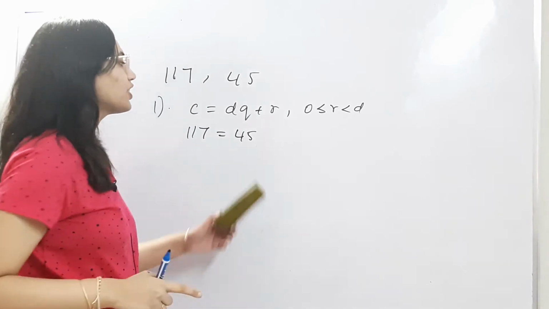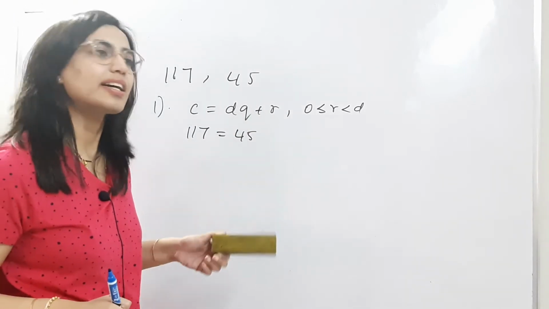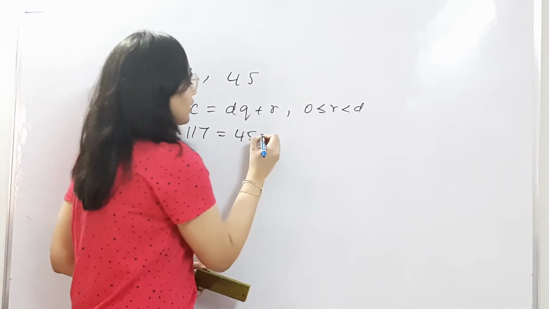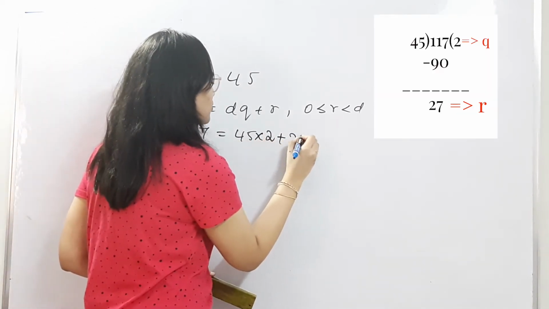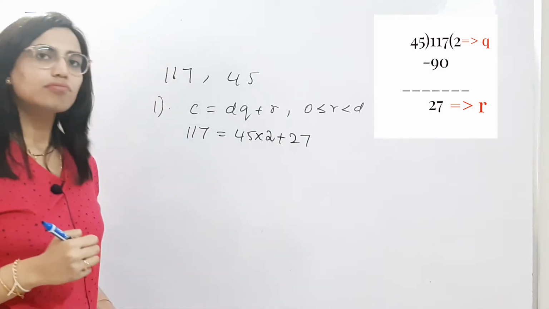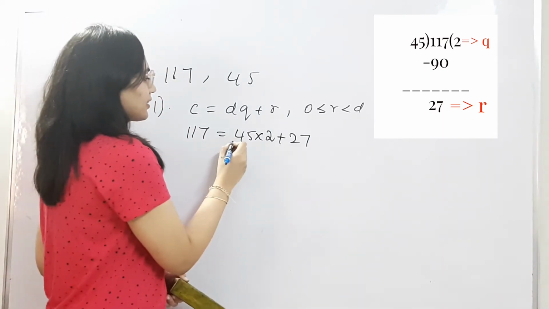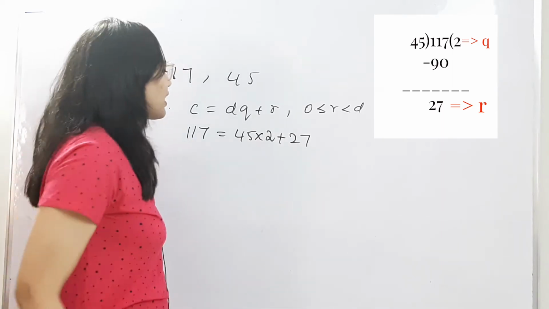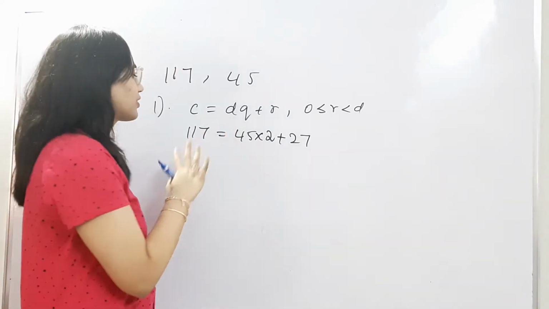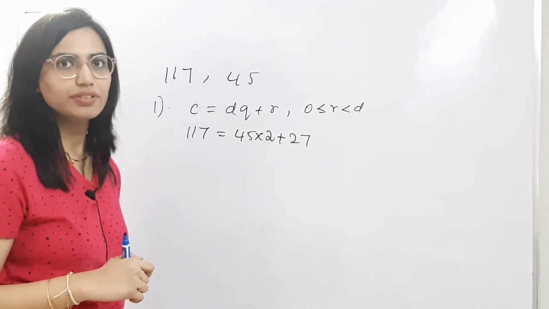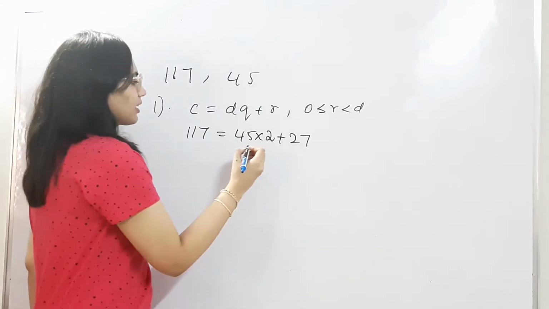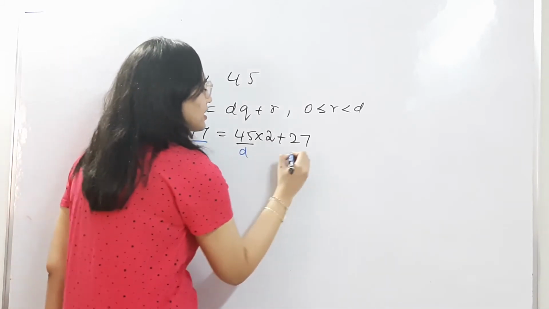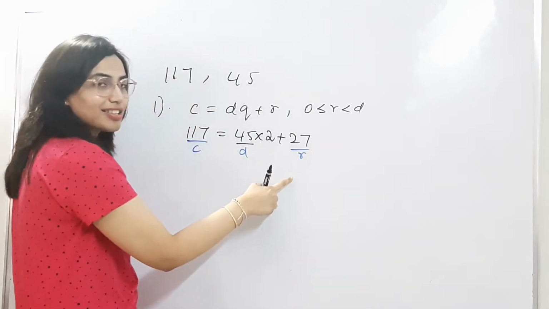So now we need to substitute the values in Q and R such that we get the result as 117. So what is the nearest value? Can you take this as 90 plus 27? Right? So can we say that 45 into 2 is 90, 90 plus 27 is 117? Because we don't have any multiple of 45 that will get 117 as the answer. Now, here we can say that this is C, this is D and this is R. And here R is not equal to 0.